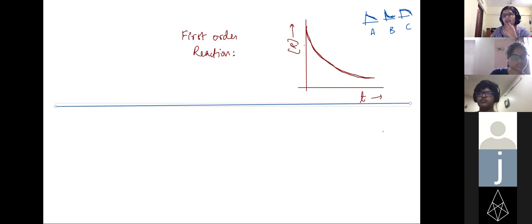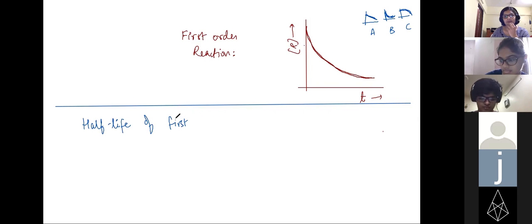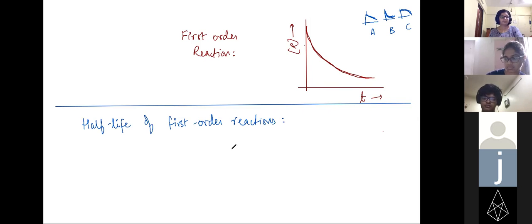So once you guys are done, let's move on to figuring out the half-life. Acha, before we get on to half-lives, where do you usually find first order reactions?